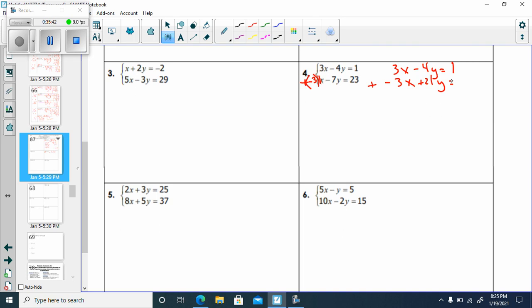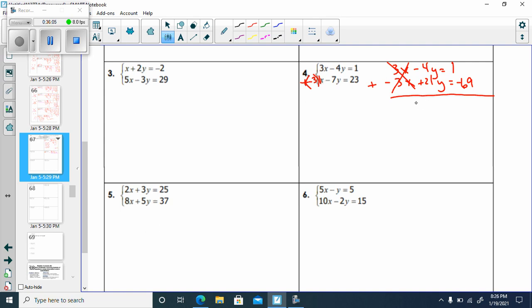Make sure you try that. Put it in a calculator so you make sure you don't make a mistake. Okay, you've got -69. 3x plus -3x, that's gone. -4y plus 21y.